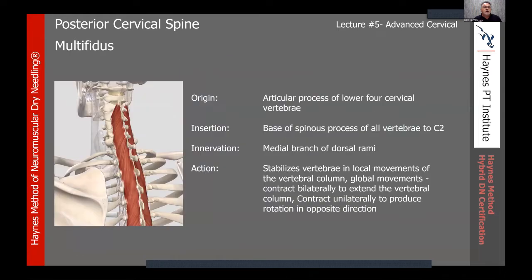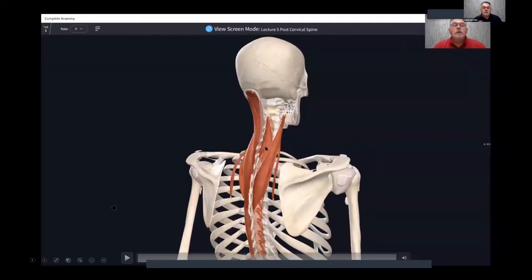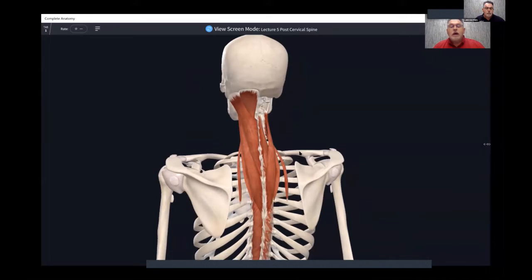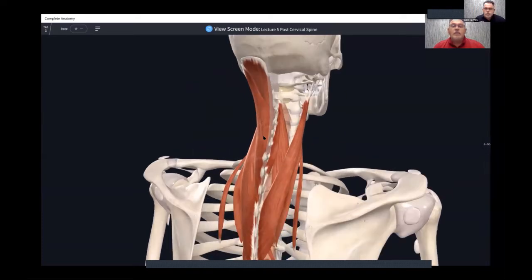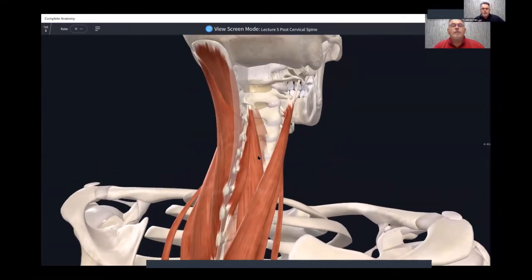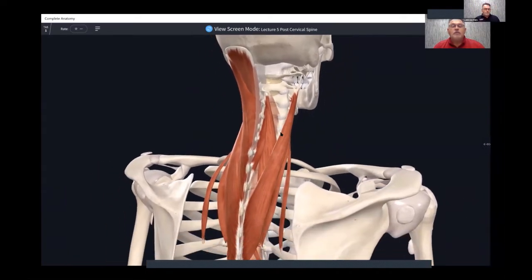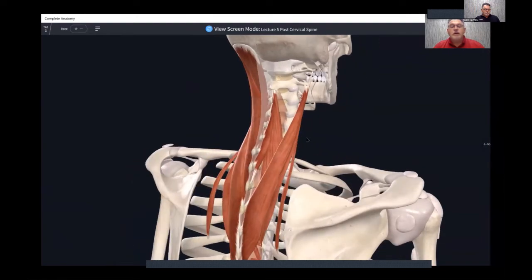Okay, let's come on down and look at our 3D anatomy, the three-dimensional anatomy of the posterior cervical spine. Now, in the earlier lectures, in the introductory information, I think it was lecture 2, we talked about most of the three-dimensional structures in the posterior cervical spine.